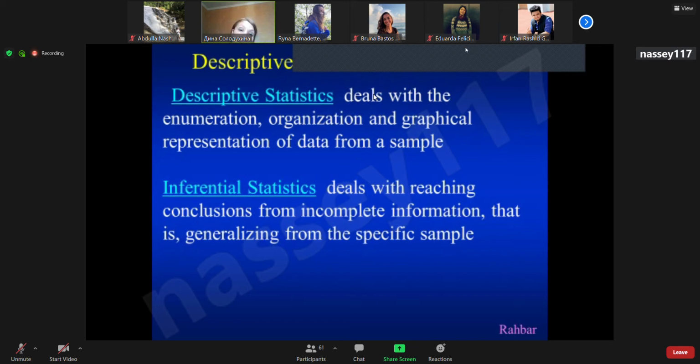So descriptive statistics is relatively easy to understand because we all sometimes collect data, organize, represent, and usually we deal with a sample, which is a representative part of the studied population.